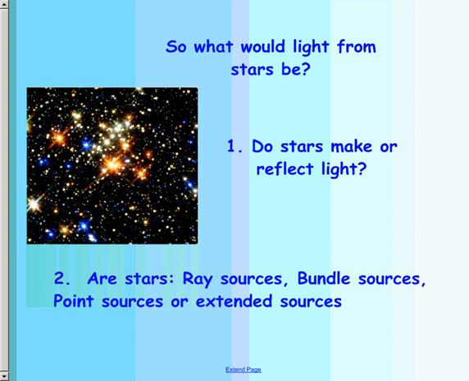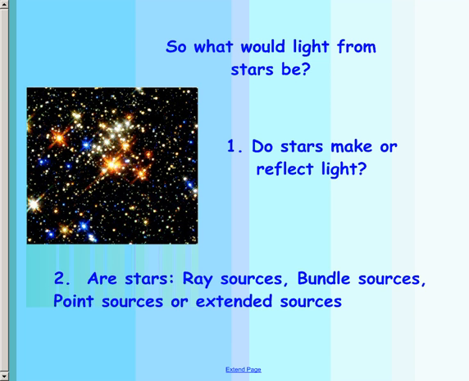It's never going to hit us. So a star technically is a point source, but sometimes we talk about them as ray or bundle sources as well. Just an example, something to think about. But again, most of what we live with are extended sources, and most of what we live with are extended sources that reflect light.